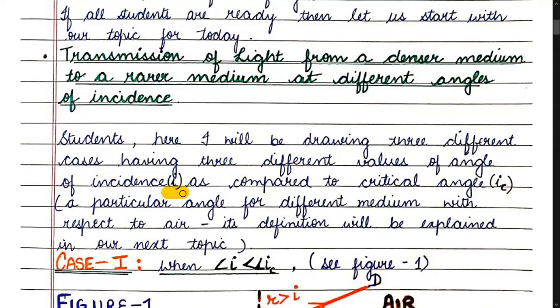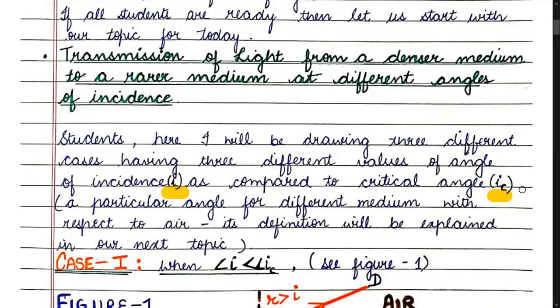So we will be writing angle of incidence as letter small i, as compared to critical angle, which is written as letter i with the subscript of c. So students, 3 different cases having 3 different values of angle of incidence as compared to critical angle.